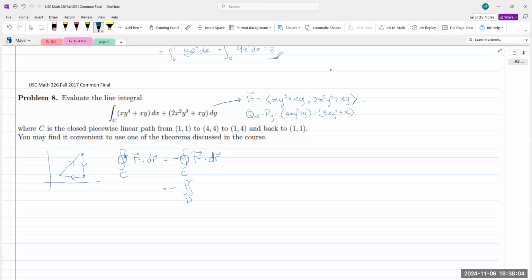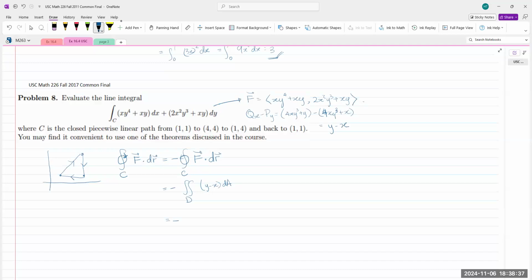Don't you think so? I'm sorry, this should be xy to the 4th. Okay, so this will be 4xy cubed. They cancel. Otherwise, those are messed up. So that is equal to y minus x. Okay, not that bad. So this is y minus x dA.